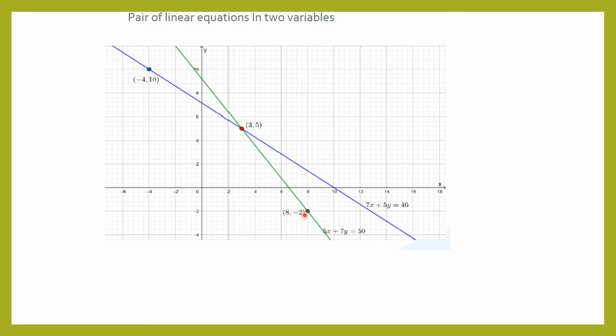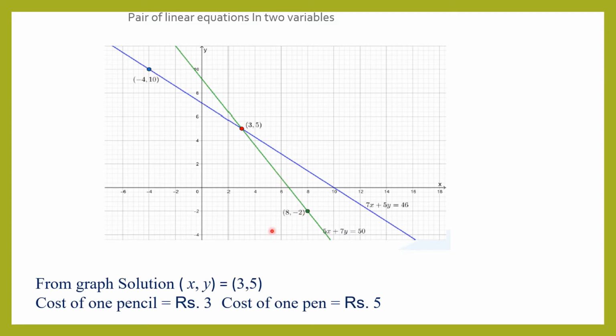So from the graph solution, x comma y equals 3 comma 5, because these two lines intersect at a common point, 3 comma 5. So x means 3 and y means 5. Cost of one pencil x equals 3 rupees and cost of one pen y equals 5 rupees. Clear? Now we are going to another question.